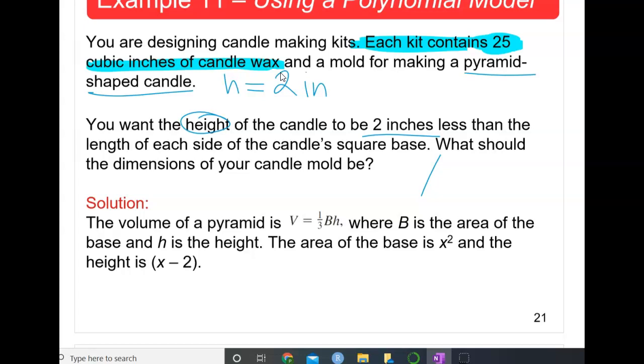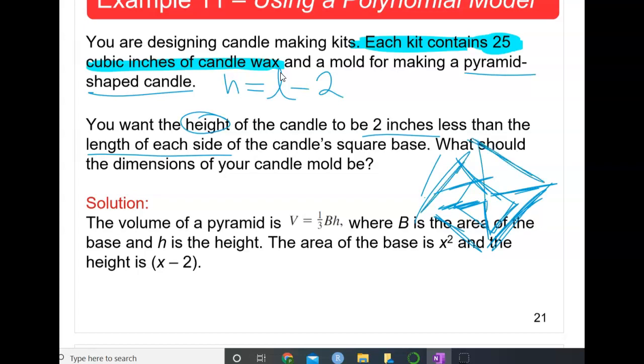Okay, so then we want the height to be, let's call the length L, the length of each side. We want it to be 2 inches less, so minus 2, of the candle square base. Okay, so this will be the base, well, this is if we were looking at it from above, I guess.